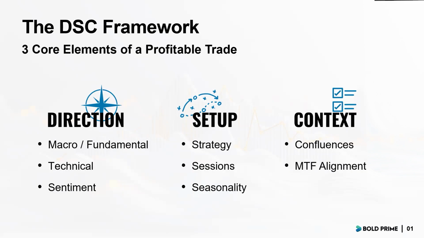Now, we also talk about multi-time frame alignment, right? So if your main trading time frame is, for example, the hourly chart, you might want to consider looking at the H4 time frame to find confluences, to find alignment, right? If you're trading on the H4, you might want to go up to the daily chart to see if there's any form of alignment between the different time frames, right?